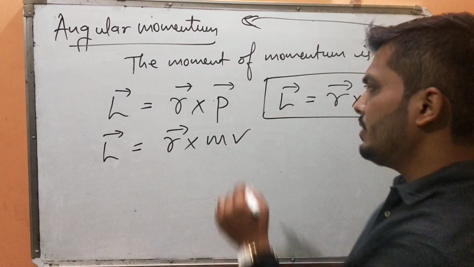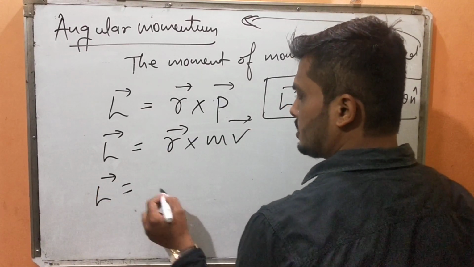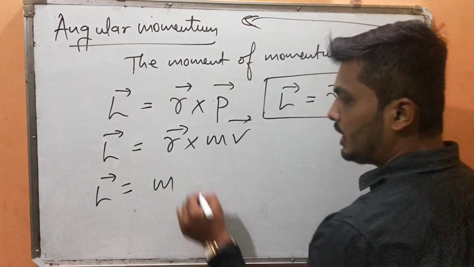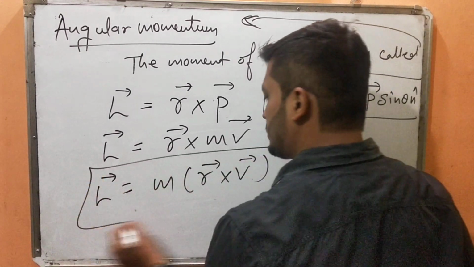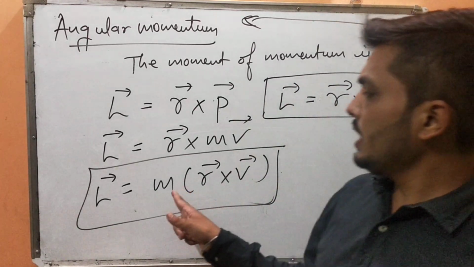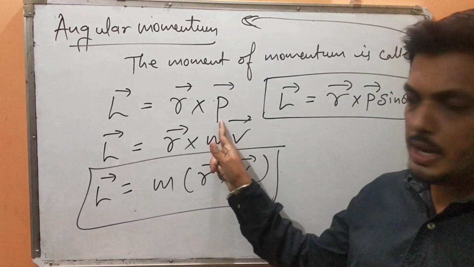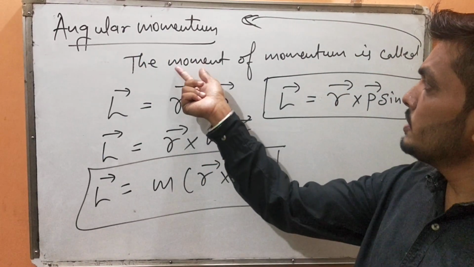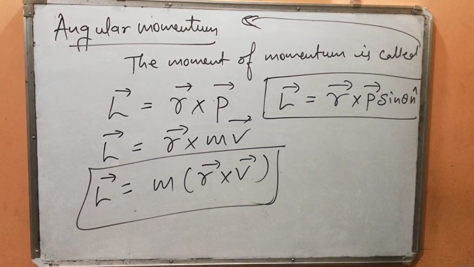Since v is a vector quantity, I can take m outside, because m is a scalar quantity. So angular momentum is given by m R cross V, or you can simply write R cross P. The moment of momentum is called angular momentum. Have you understood?